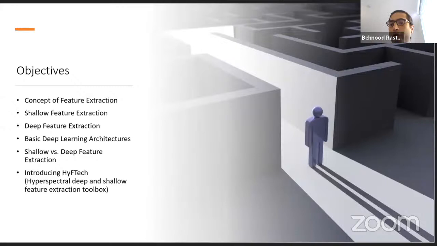In the end, we compare shallow versus deep feature extraction and I show some results. Finally, I introduce a toolbox called HyperTech, the Hyperspectral Deep and Shallow Feature Extraction Toolbox. And hopefully, if I get any time, I can help the audience to work with this toolbox.